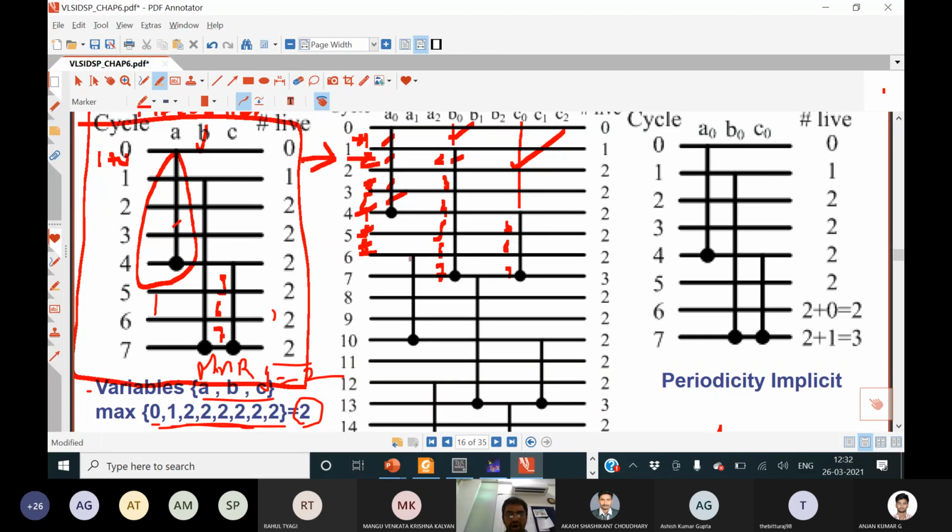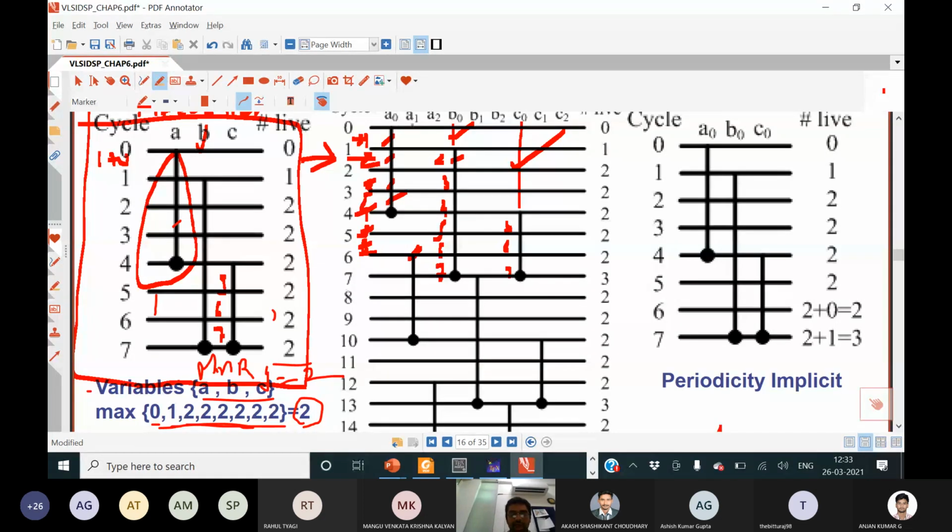So again my A execution would start, because once n is equal to 6 is complete, my next iteration starts. 6L plus 0 to 6L plus 5 would be considered the first iteration, and 6L plus 6 to 6L plus 11, if I am not wrong, is the next 6 instances, which is applicable for another iteration. So that will be mapped over here.